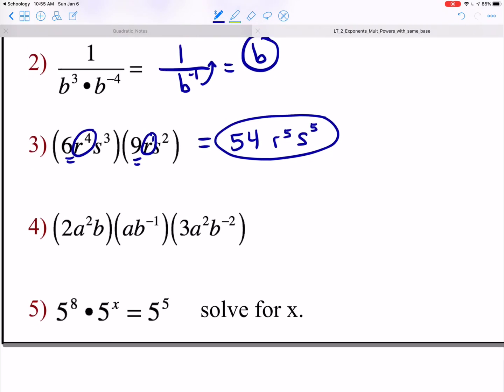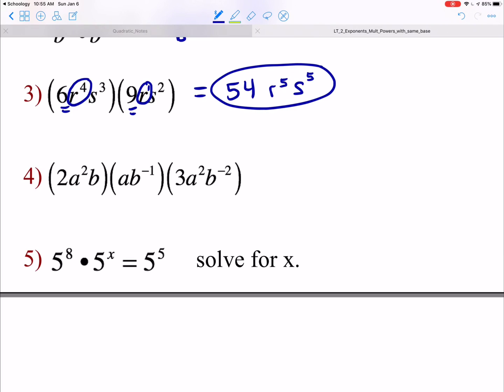Looking at 4, I'm just multiplying 3 monomials, and there's no addition or subtraction. So I'm going to do 2 times, the coefficient of this one is 1, times 3, which is going to give me 6. With my a's, I've got a squared times a squared. So it's 2. This has an invisible 1 for a power. So 2 plus 1 plus 2 is going to give me 5.